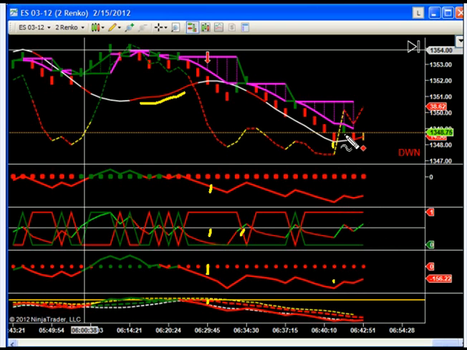Then it moved up a bar, RWO moved up, and then it moved back down to this bar here, and the RWO did not move back down here, so it showed a very clear divergence, and experience has shown when it shows a divergence like that, it's a good point to get out of the trade. So this was a 4-point trade to start off the morning.